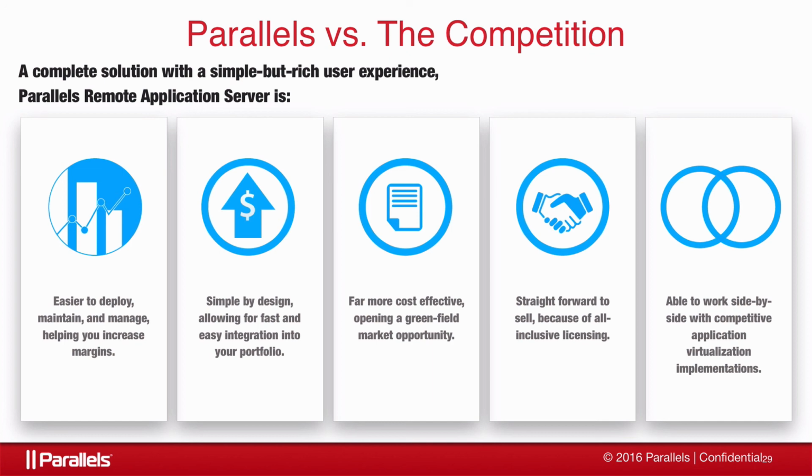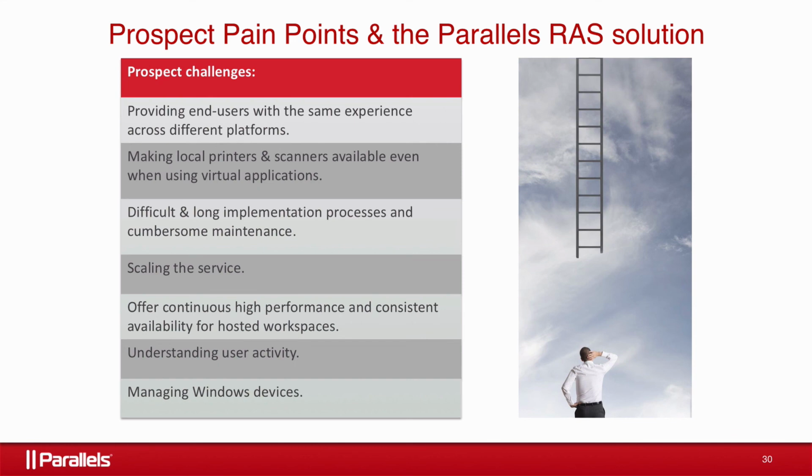And usually when we talk about those pain points, we provide the end user with the same experience. Making local printers and scanners available is a huge pain point for service providers or large enterprises. We do print redirection automatically. And we resolve difficult and long implementation processes because our deployment is quicker.